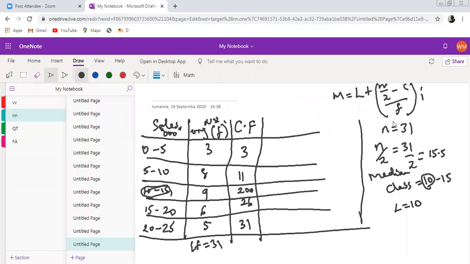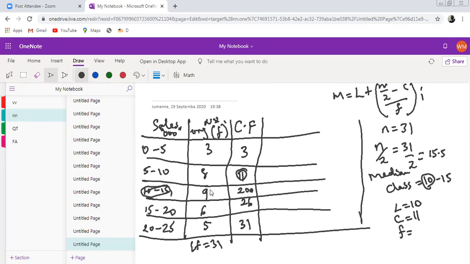Then our N we have. C, we said it is the cumulative frequency above the median class. Remember 20 is the cumulative frequency of the median class. The one that is above, the cumulative frequency above, is 11. So our C is 11. And then our F is the frequency of that class, which is 9.